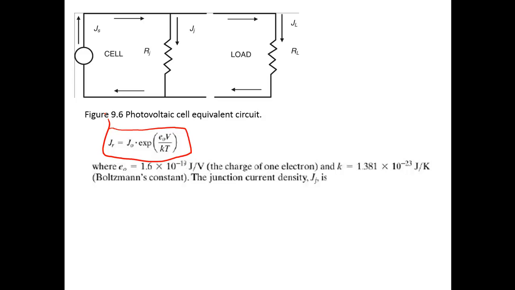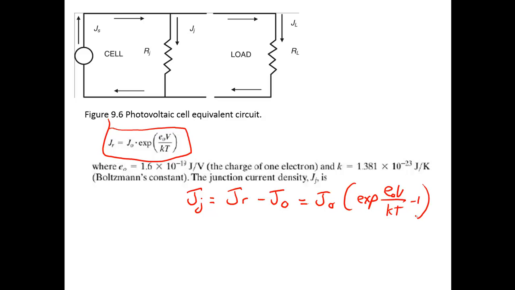So here we have that the junction current density, J, would be the current density going from n-type to p-type minus that going from the p-type to the n-type. So that gives us the following.